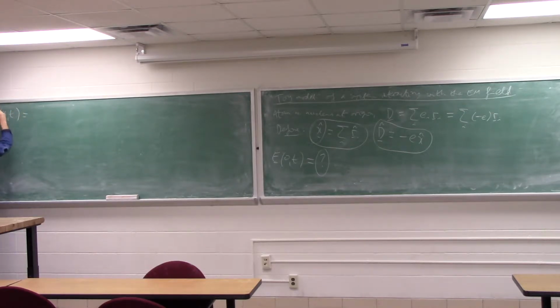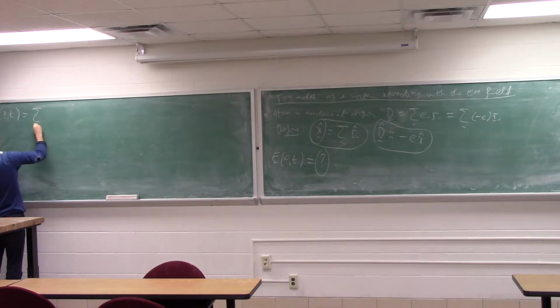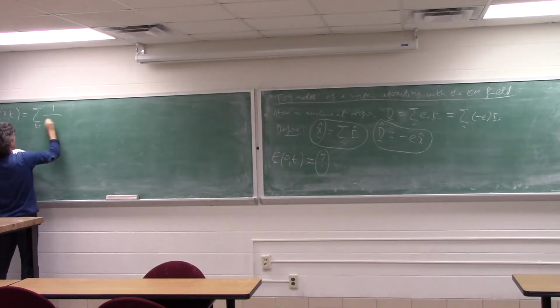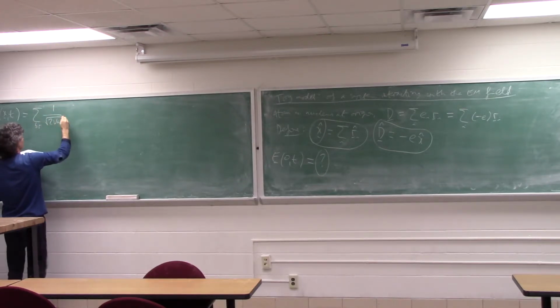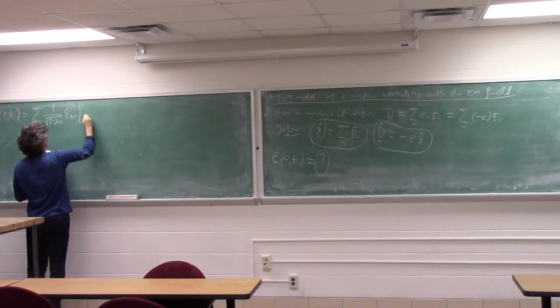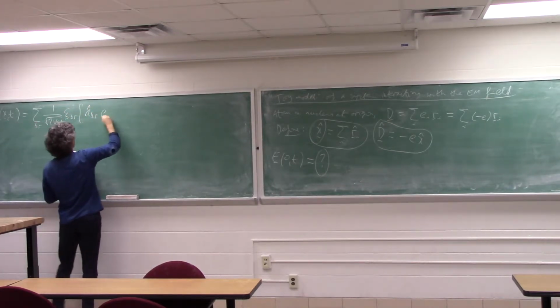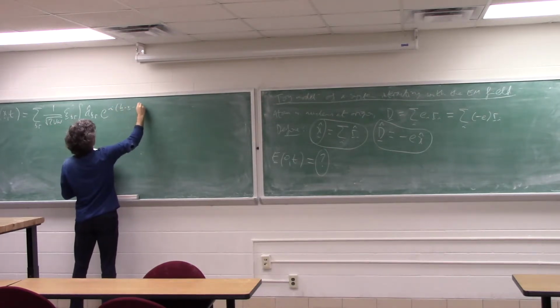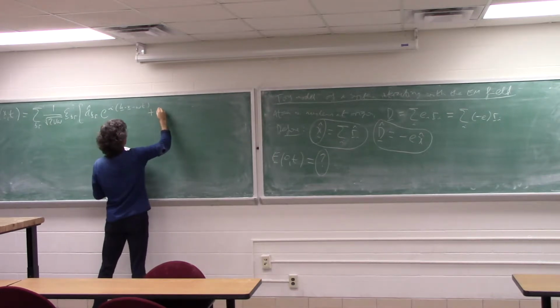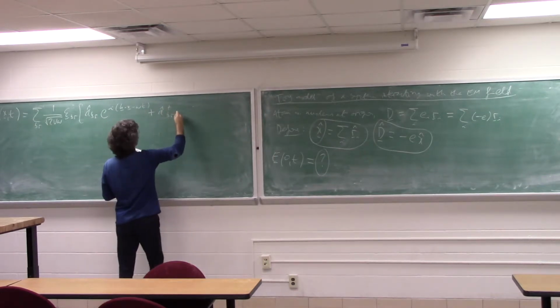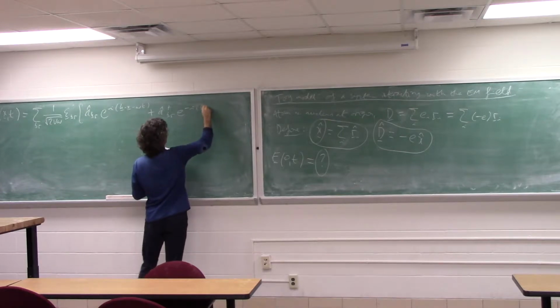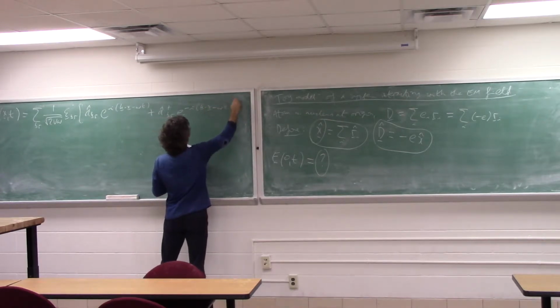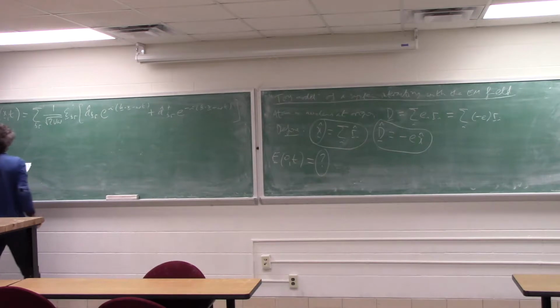Let's write out the expression for the electromagnetic field operator, the vector potential. That is our expression. Have I done that right? I've done that right. That's our vector potential operator.